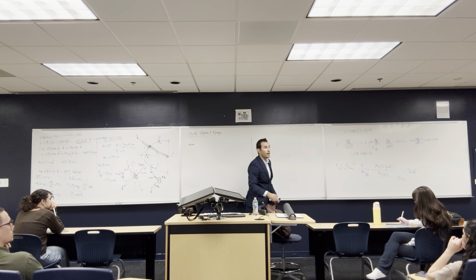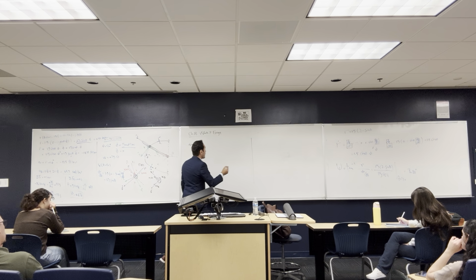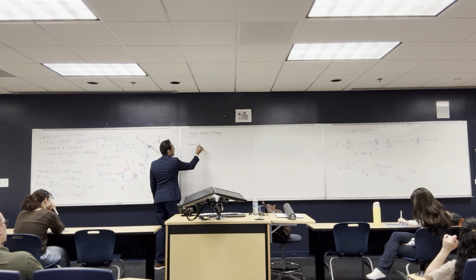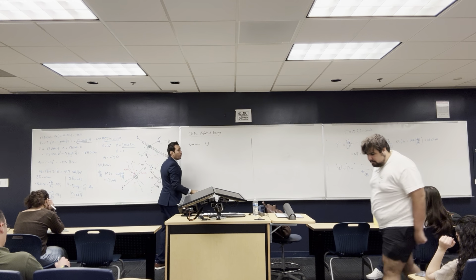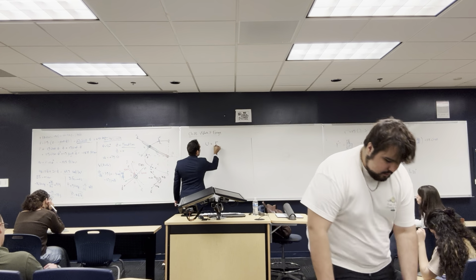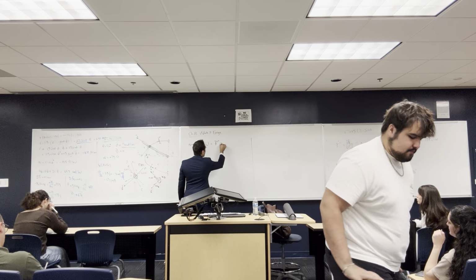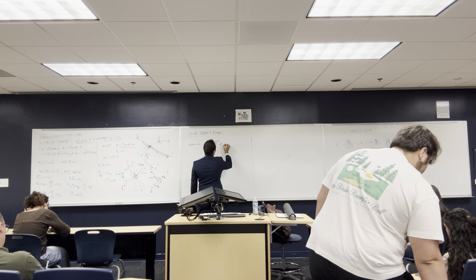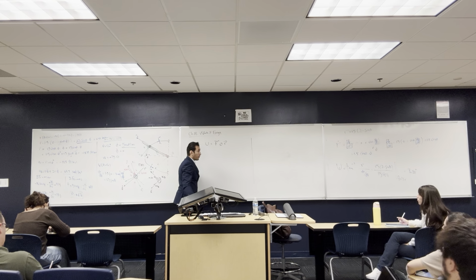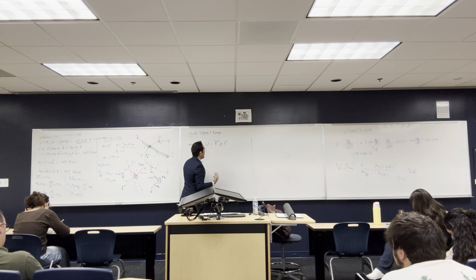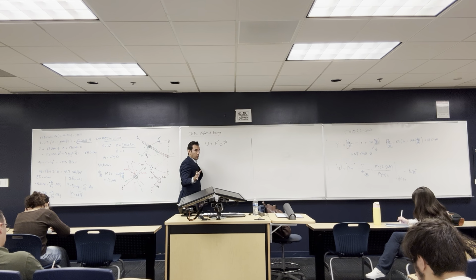So if you want to find the work acting on a body, which we always call U, it's always the F vector dot product with the R vector. What does that mean? Do you know what the dot product is?